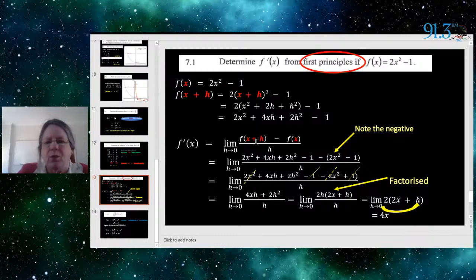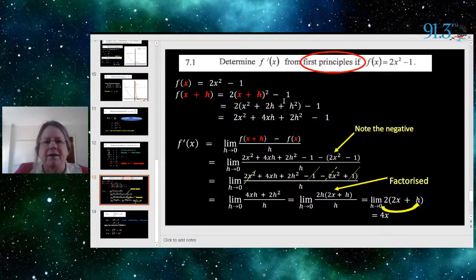Now at the top it says we want f(x plus h) minus f(x). So I strongly suggest start like this. Write down f(x). We need an f(x) in the formula. And then f(x plus h) means wherever you find an x in your equation, add an h. So we'll end up having 2 open bracket x plus h in the place of the x, in brackets squared, minus 1.